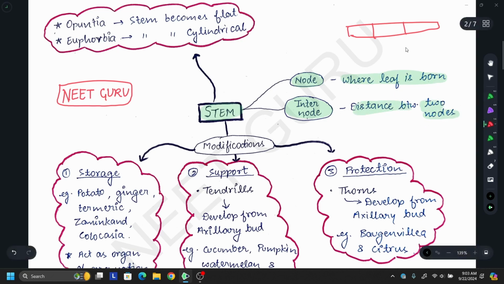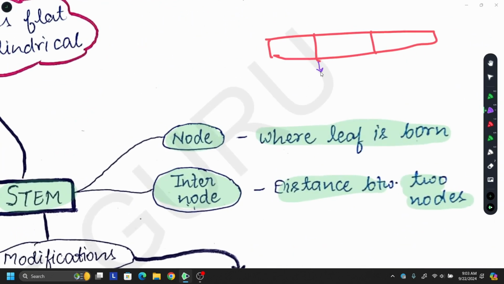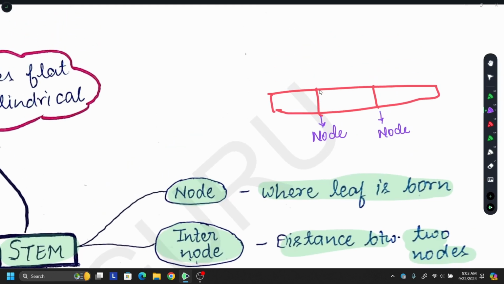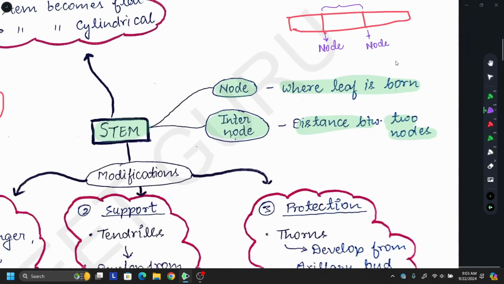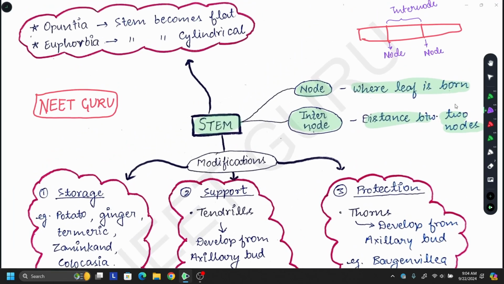So basically these two things are nodes. This is a node, and this is a node. And what is internode? The distance between two nodes. This is internode. The presence of node and internode is an essential criterion for a stem. So you can identify a stem using nodes and internodes.